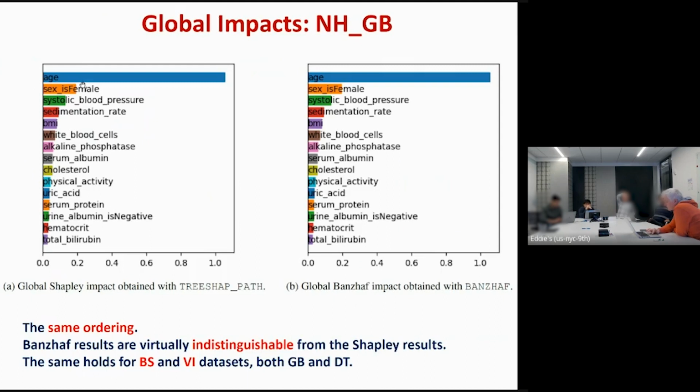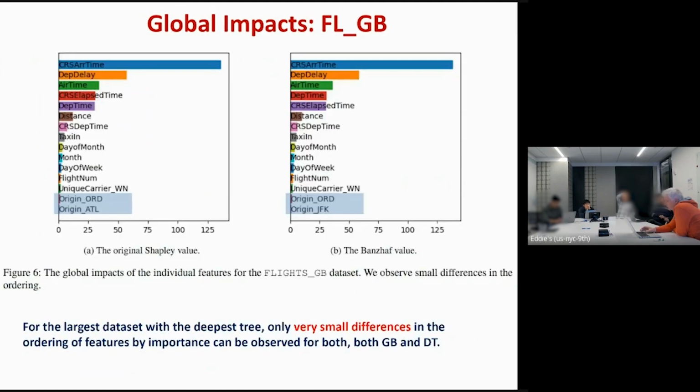These orderings are indistinguishable, and even the values assigned to each feature are almost the same. This is an example: Shapley and Banzhaf give you almost the same, with no visible differences. However, in the flights data set, which is the biggest one, among the first most important features there are very small differences, on things which already have very small values.